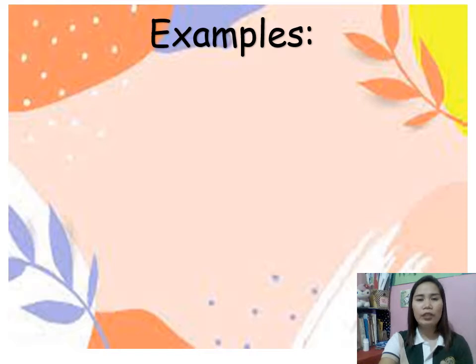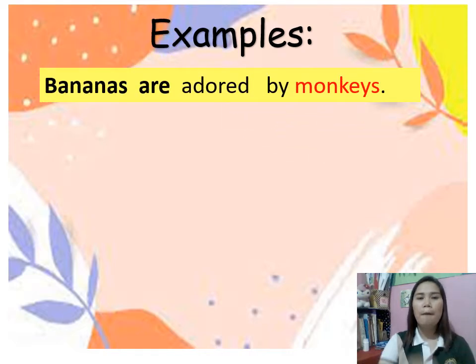Now let's have a lot of examples. So first, bananas are adored by monkeys. Let me ask you, is banana here the doer of the action? Are the bananas adoring the monkeys? Of course it's not. It's the other way around. So again, in passive voice, the subject is not the doer of the action. Instead, the object is the doer.